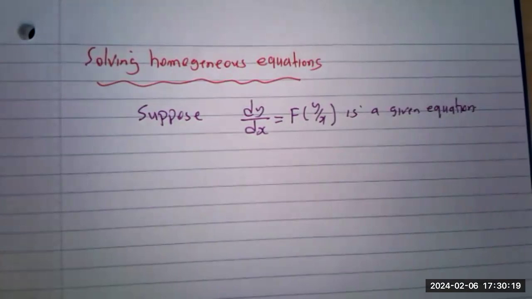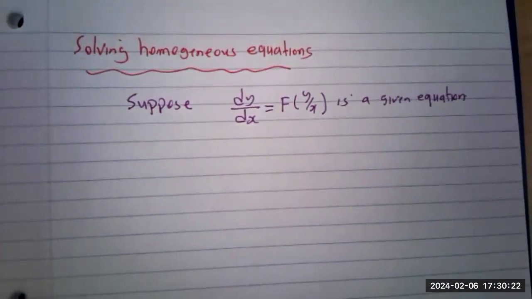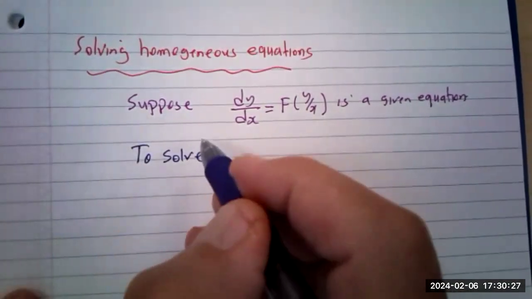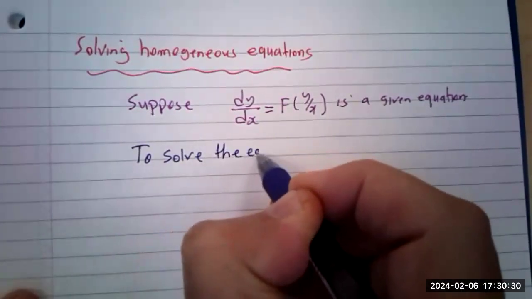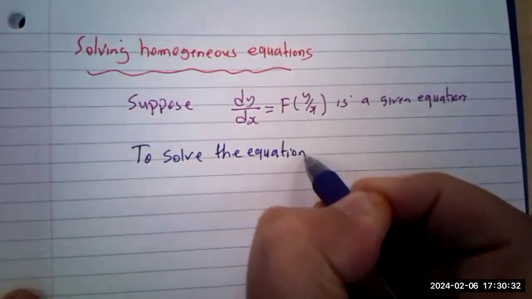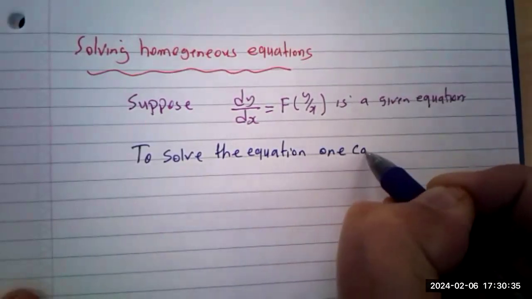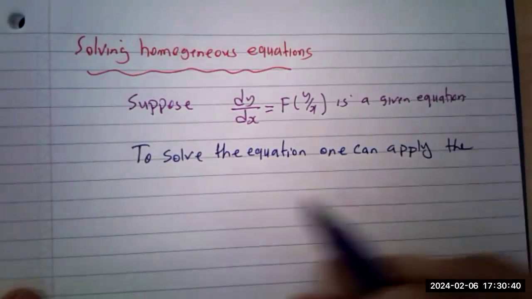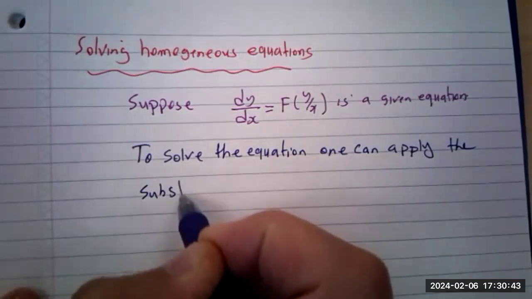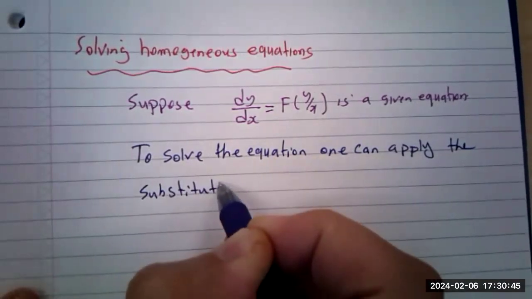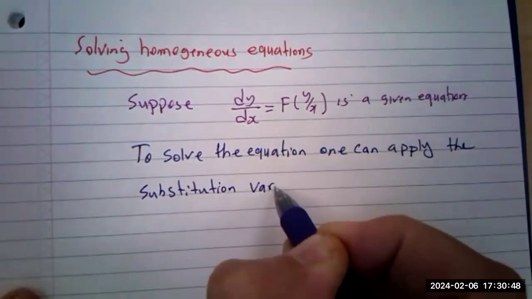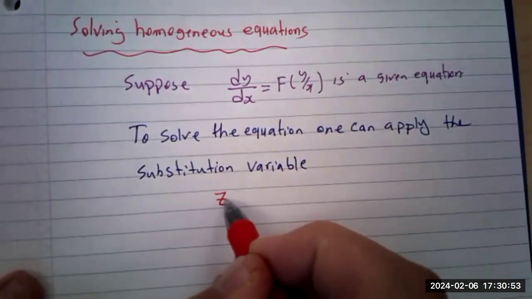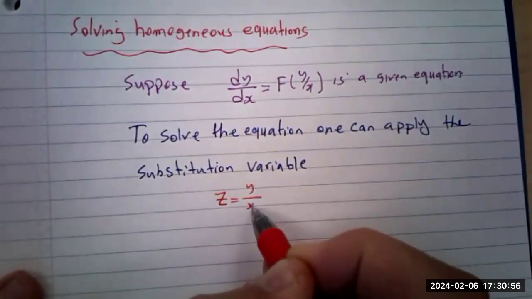Now, how am I going to do it? One can apply a variable substitution to solve the equation. The substitution variable, you see, is z equal to y over x.